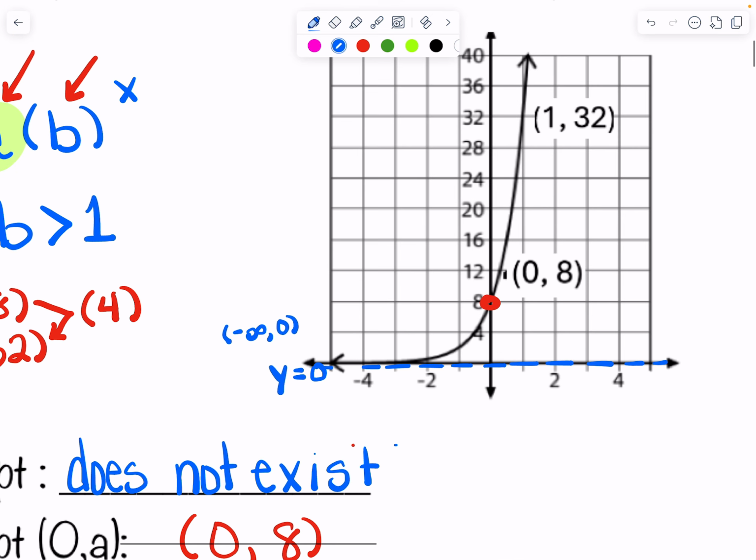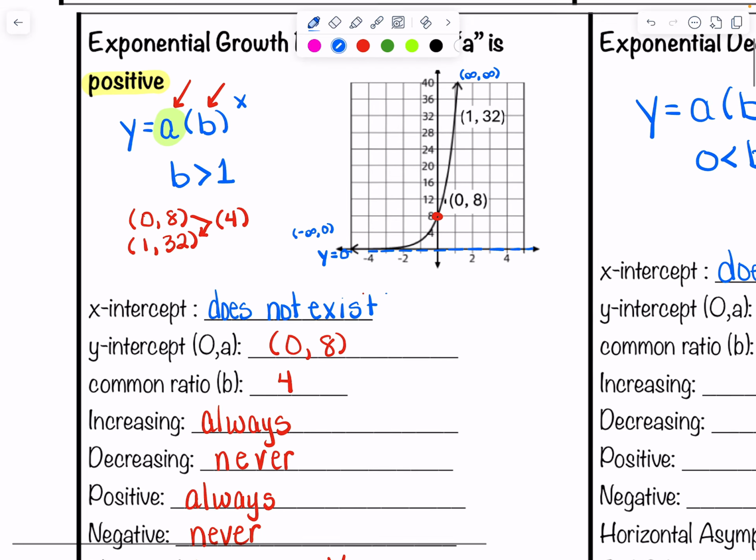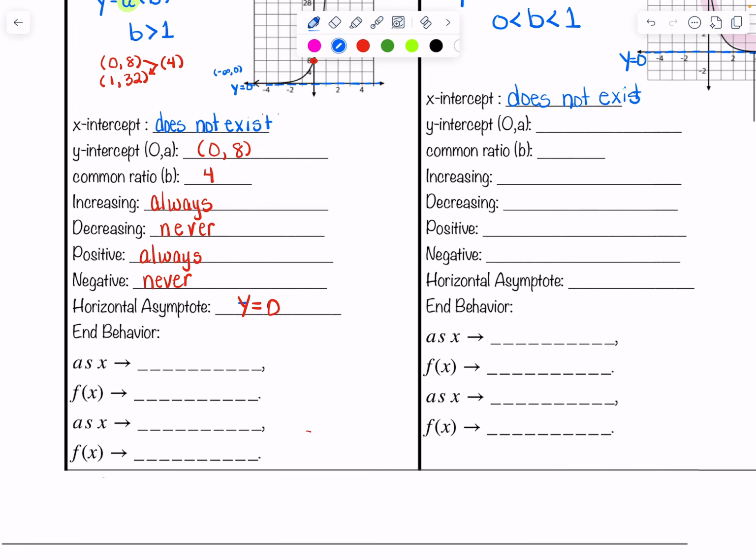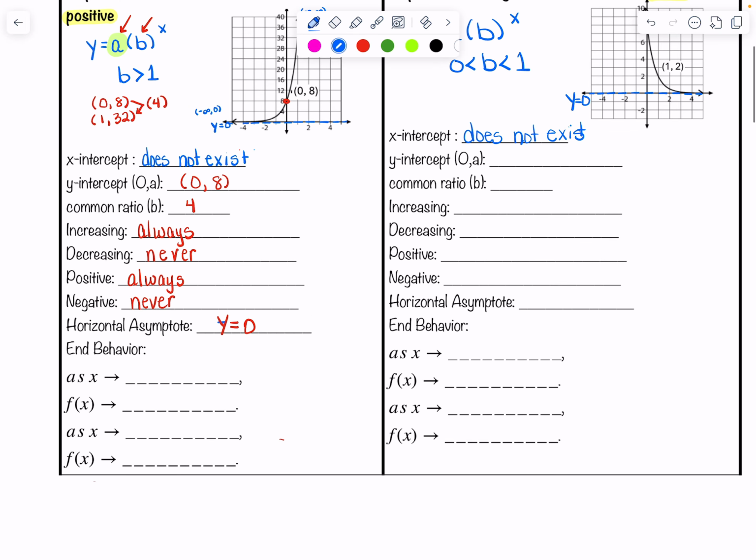On the right side, it is going right to positive infinity, and it's going up to positive infinity, okay? So on this one here, as x goes to the left, it goes to negative infinity, and it goes down as close to 0 as it can get. As it goes to the right, it goes to positive infinity, and it goes up forever.